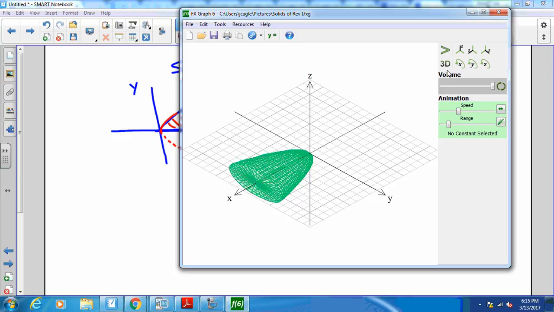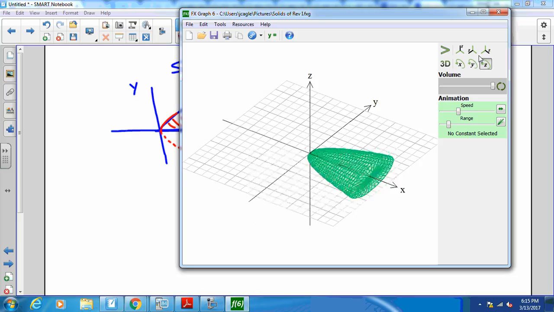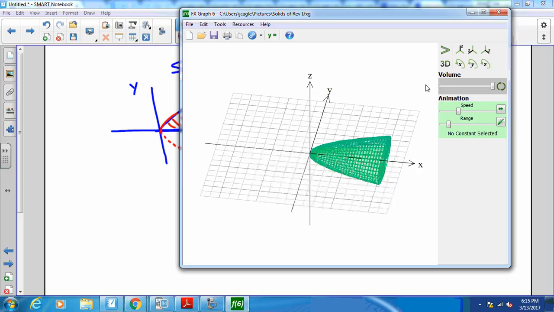Now it changes the axes a little bit, so let's get it back to more or less where it was before. There we go. And now let's take a look and see how that solid is created when we take the region and we now begin to slowly revolve it about the x-axis. You can see how that region, that solid is being created. That is a solid of revolution.